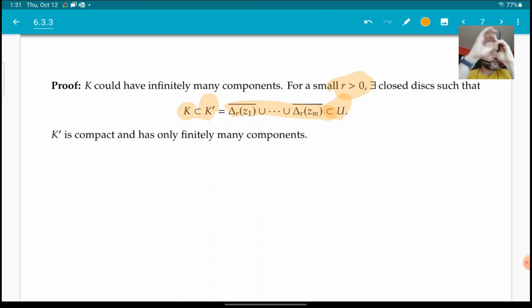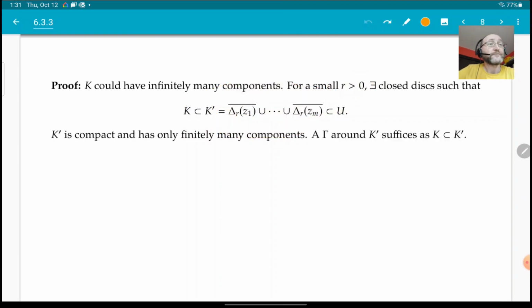But probably a lot of them are going to overlap, so you'll probably get fewer than M components, right? But it's finitely many, and it contains K. And that's sufficient because if I find a gamma around K prime instead of K, well, then K is inside K prime, so therefore it's going to go around K as well.